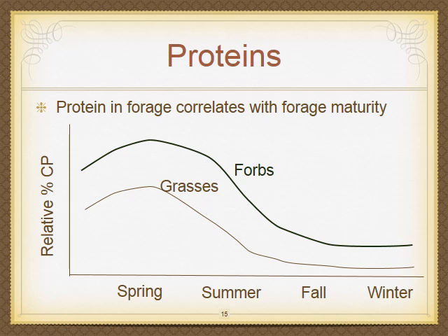So forbs, and you can even put shrubs there as well, typically have higher crude protein concentrations compared to grasses. And forbs, or non-woody broadleaf plants, can typically be considered weeds, but are pretty palatable. That means they're tasty for the animals when they're immature.